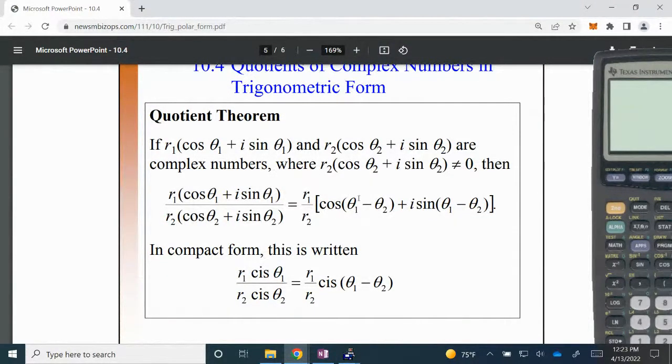Again, the setup is we must have two numbers that are in trig or polar form, and in this instance, we are dividing. The rule says that we divide our absolute values, so it's r sub 1 divided by r sub 2, and then we subtract our arguments, theta sub 1 minus theta sub 2.